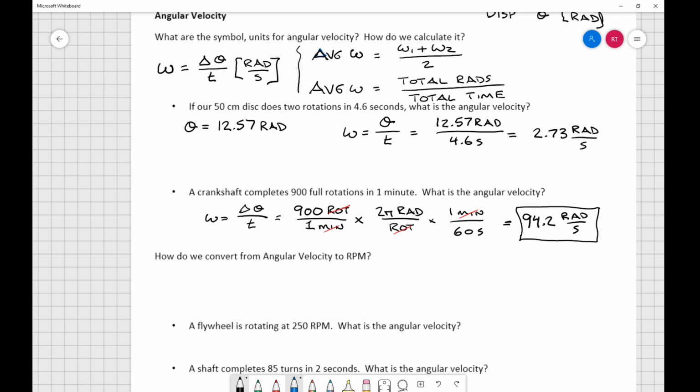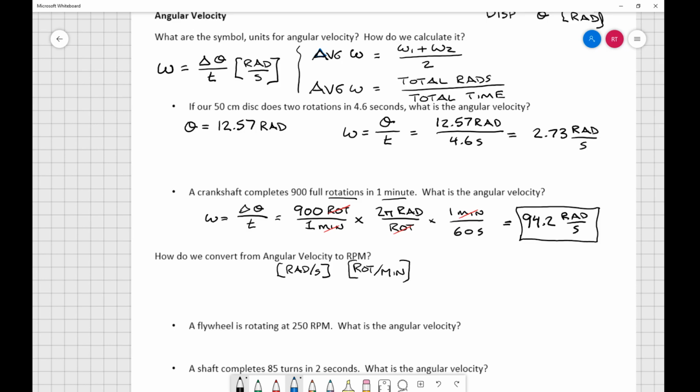So we just went through a case where we had rotations per minute. How do we convert from angular velocity, radians per second, to RPM, rotations per minute, which is a very common way for us to speak in real life?